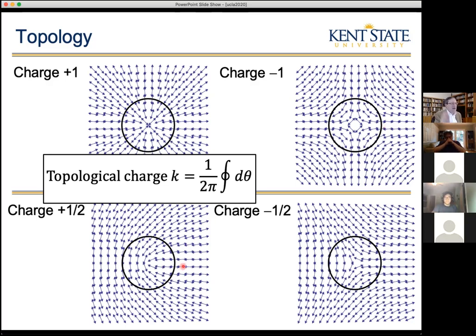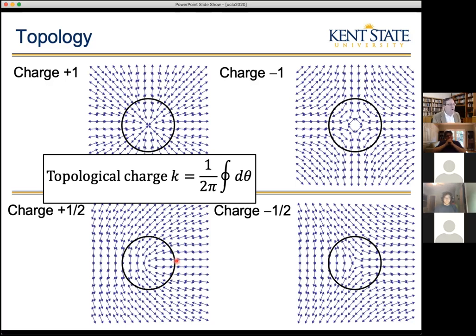Here are topological charges of +½ and -½. Here is an example where as you go about this loop, the director rotates through an angle of pi, 180 degrees. This is possible because these things are double-headed arrows, right, representing a distribution function of molecules going in both directions.